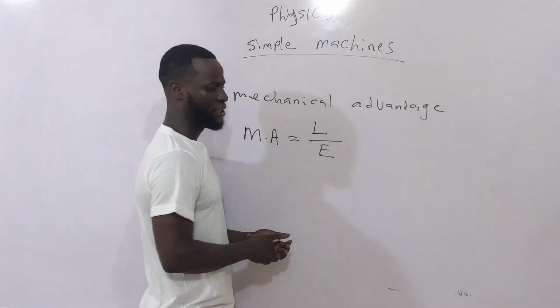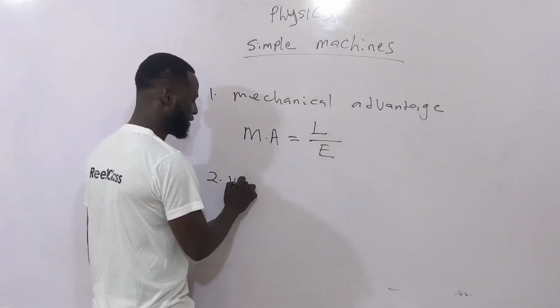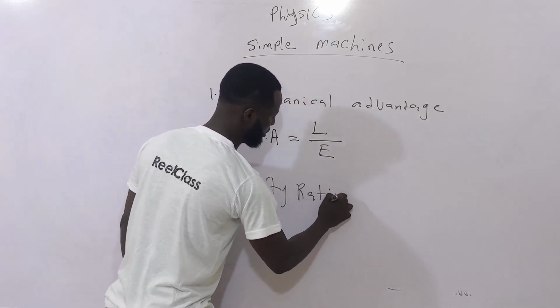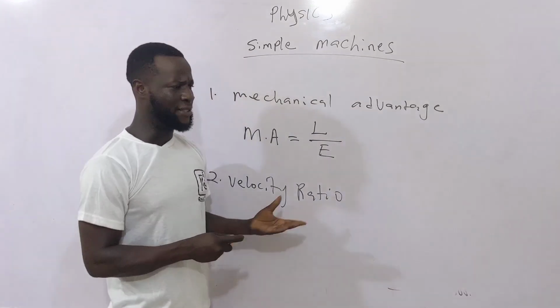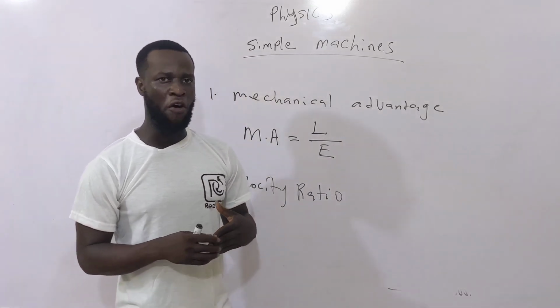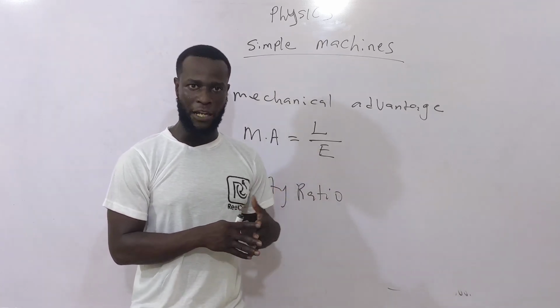This is mechanical advantage. The next term that we need to understand is velocity ratio. As the name implies, velocity ratio is the ratio of distance moved by effort to distance moved by load.